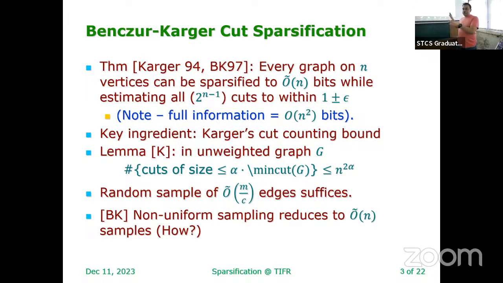In all our positive results, this is the notion of sparsification we'll be talking about. We won't talk about negative results in the talk, but when they are alluded to, we'll usually say: take any way of representing information, and these lower bounds will hold.